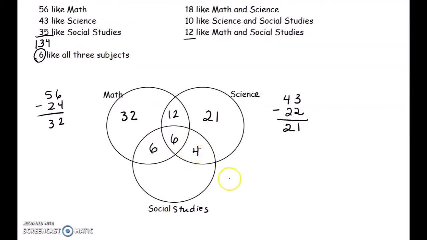And here in social studies, we already counted 16 people of the 35. So that leaves us with 19 that remain.